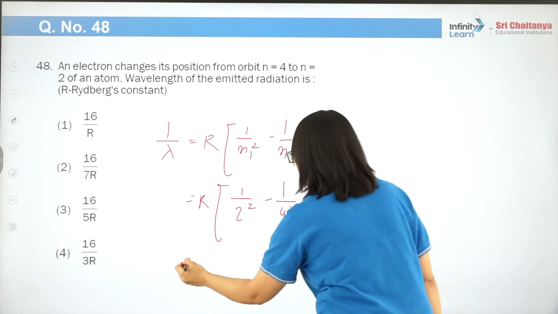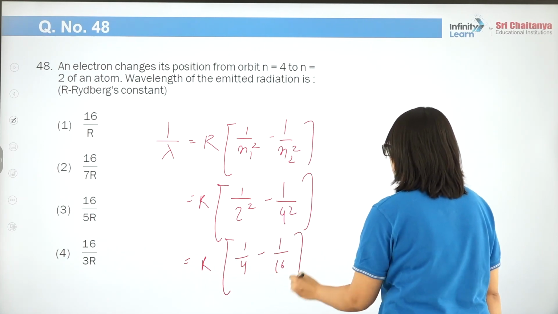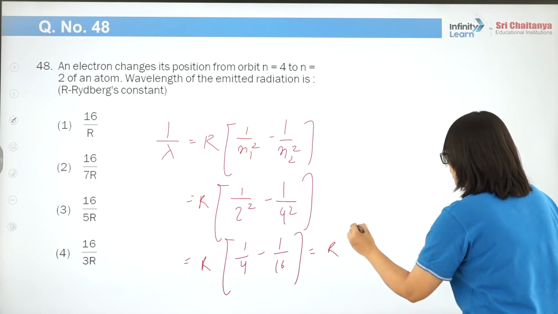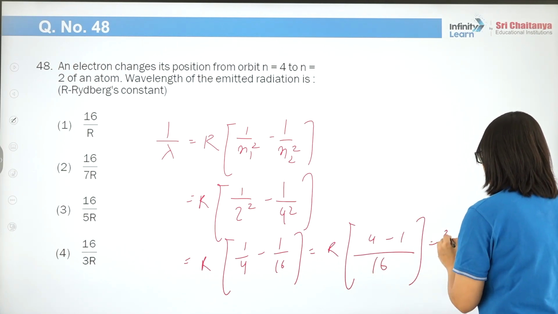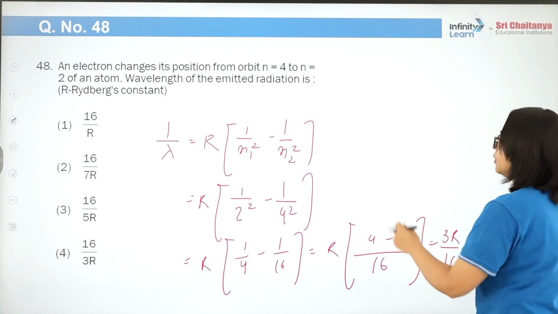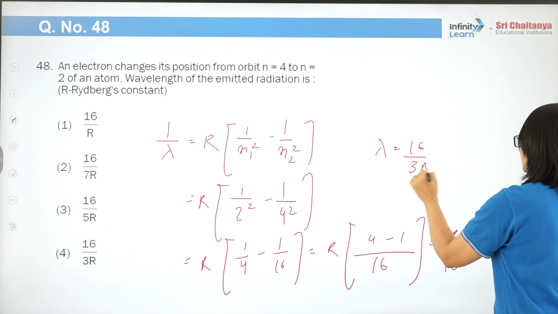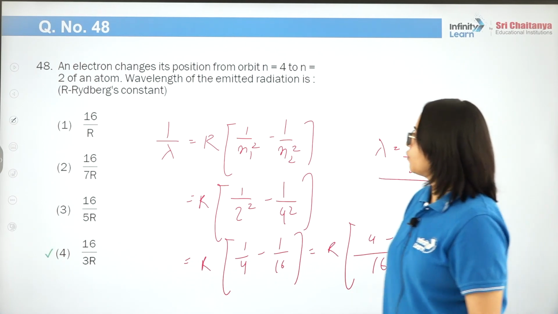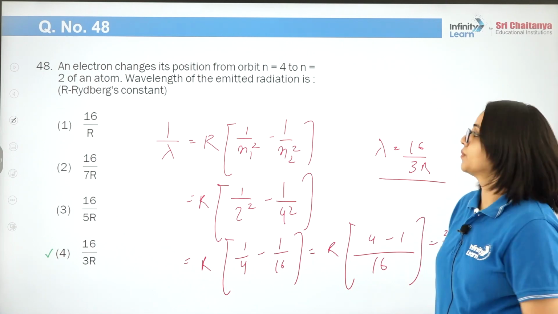So this will be R into 1 by 4 minus 1 by 16. 16 is the LCM, so this is 4 minus 1, and that is 3R by 16, which is 1 upon lambda. So lambda will be 16 upon 3R. So this is the value of lambda in terms of Rydberg constant, and that is option 4.